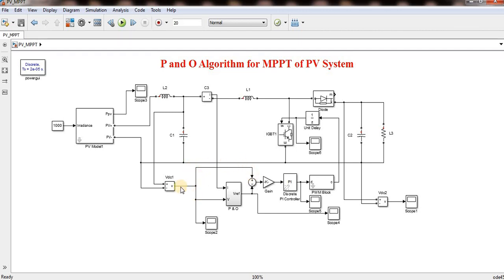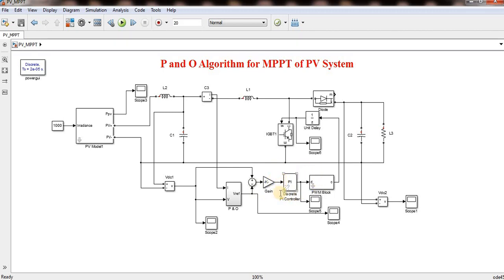I am regulating this DC voltage, the input of the boost converter, because I should operate my PV panel according to my V reference. So only the output voltage of the PV panel I have to regulate. If we consider output voltage and output current, then you can also design the P&O algorithm; that is another issue, and I will explain it in my further video. This is based on voltage.